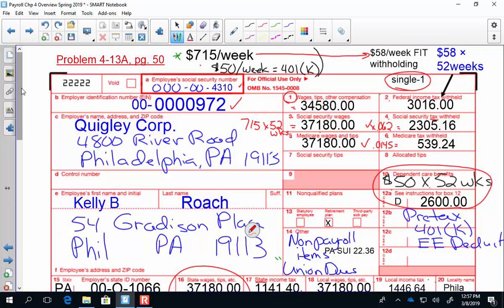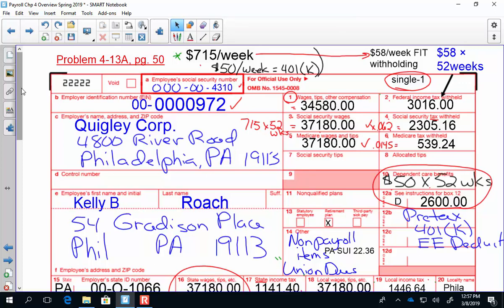We're single and one, so at single and one, a weekly payroll of $715, the federal withholding for that individual is $58. So we have to compute that federal withholding amount in box 2.